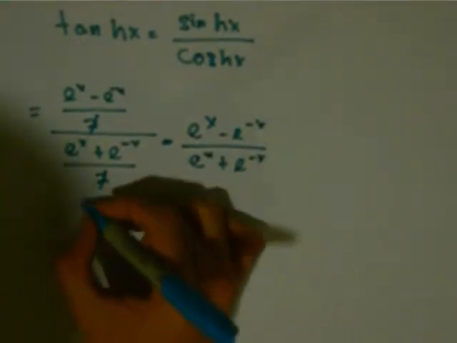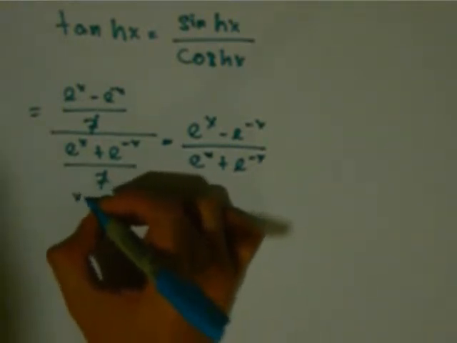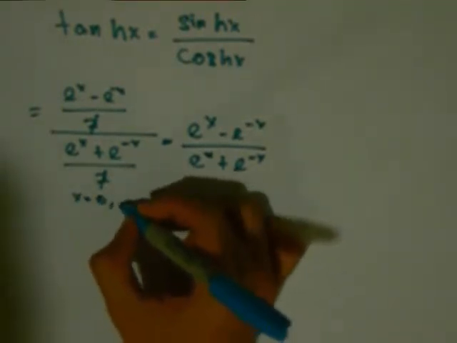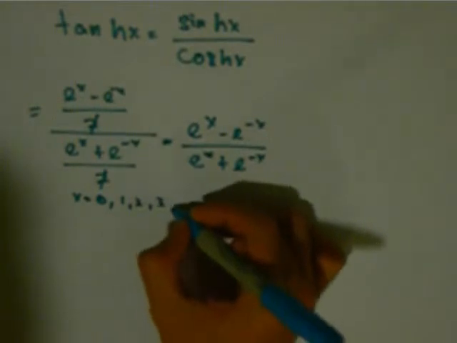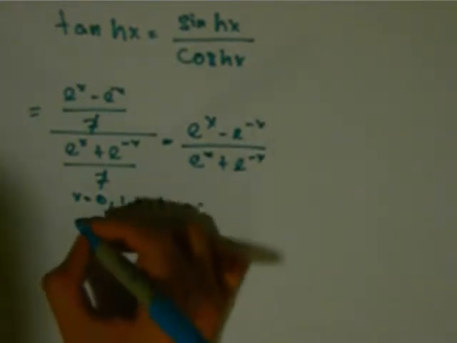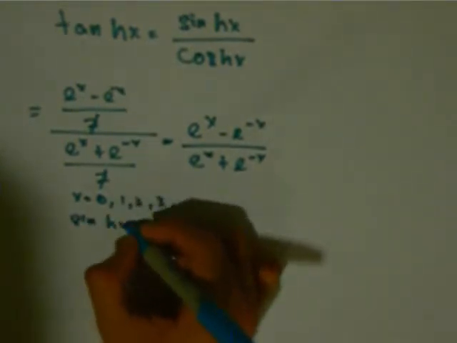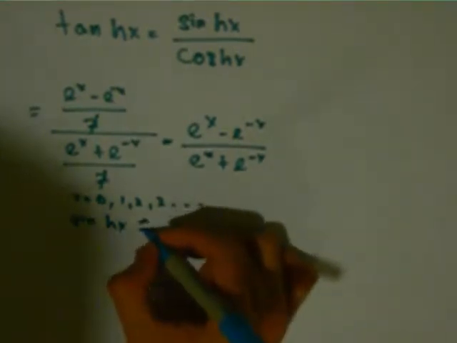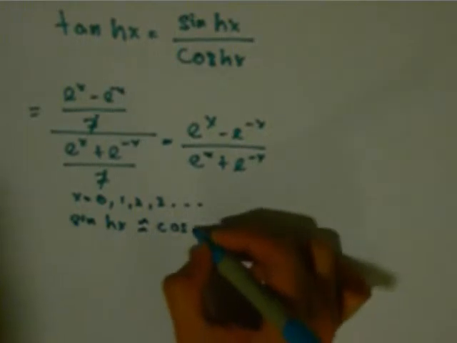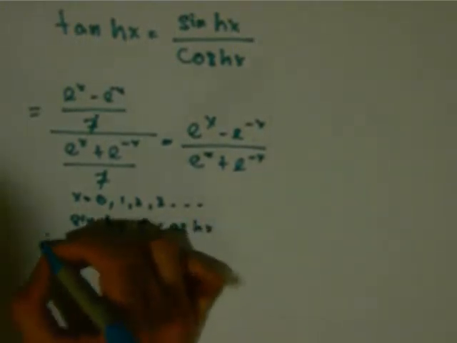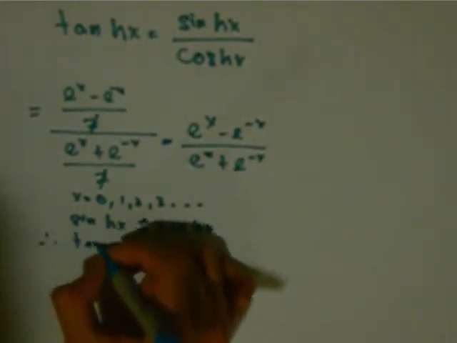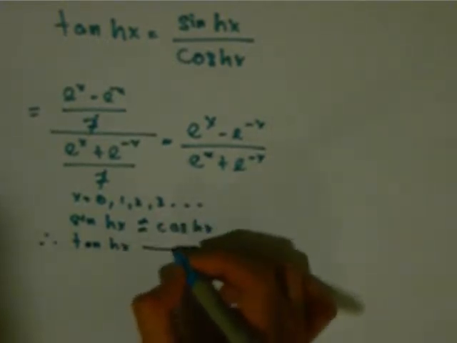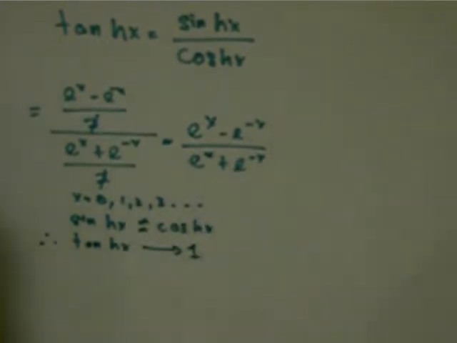So from here on, if we were to substitute values of x equals to 0 and increase those values, we start to see that sine hyperbolic x does not equal, but is approximately, cosine hyperbolic x. This actually tells us that tangent hyperbolic x approaches the value of 1.